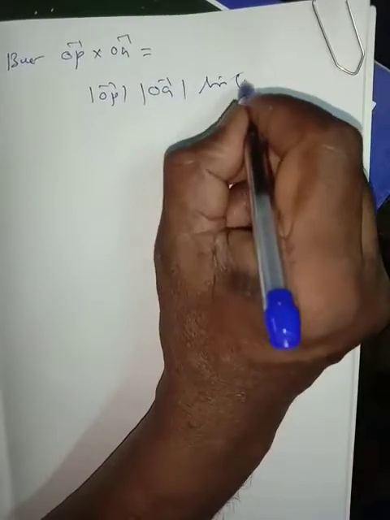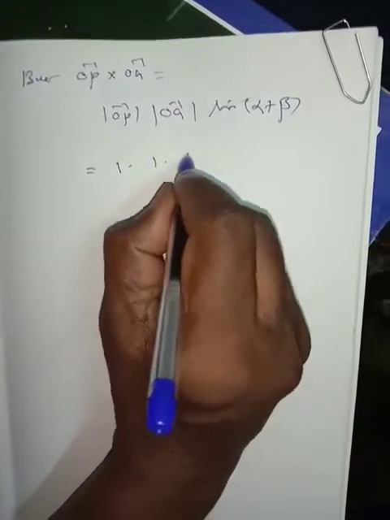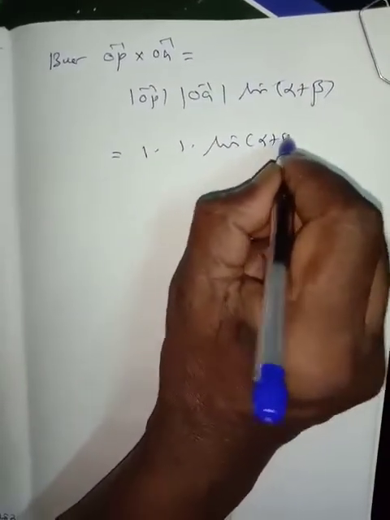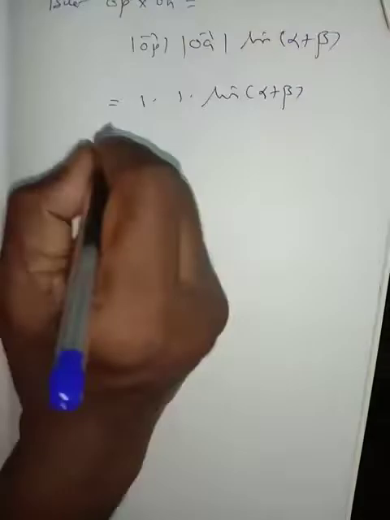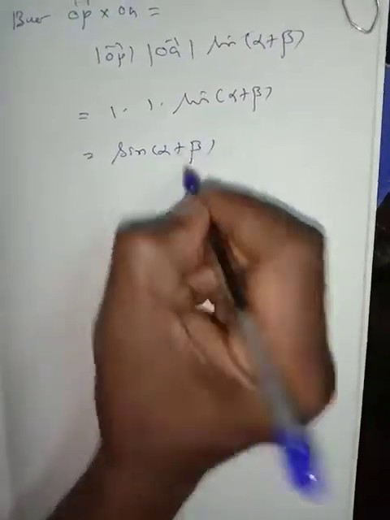Adding these two, alpha plus beta, is equal to 1 dot 1 dot sin of alpha plus beta. This means sin of alpha plus beta.